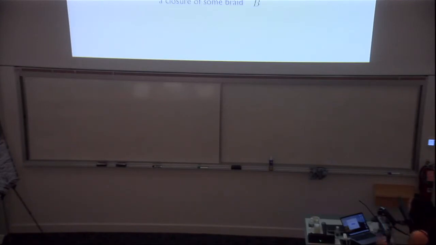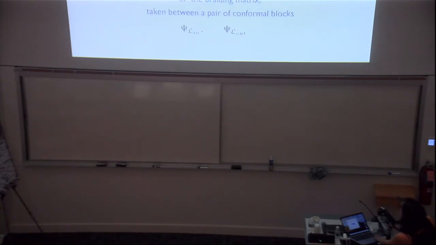Anyway, so what's important is another thing that you get: this gives you a perspective on quantum invariants of not just braids, but also knots and links. So you can represent any link as a closure of some braid, simply by cutting off the top and the bottom.